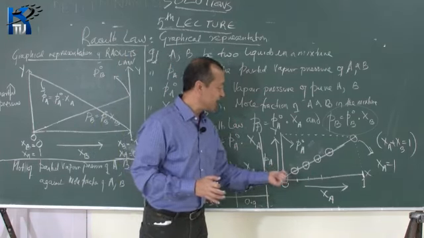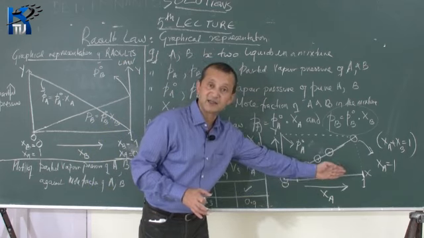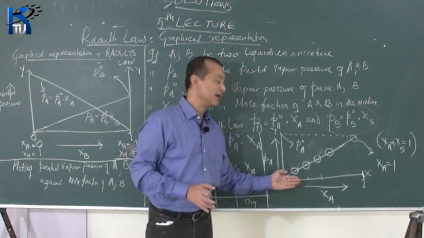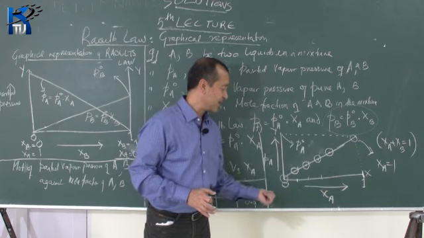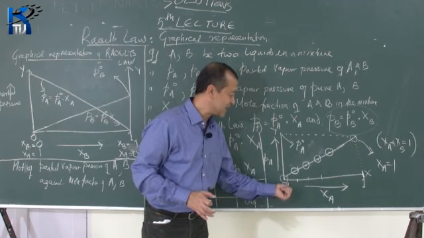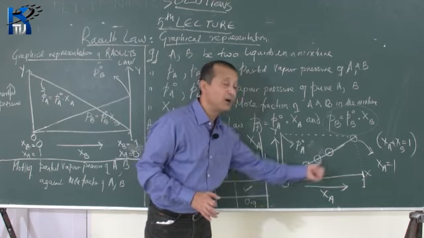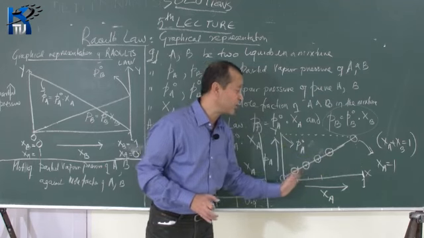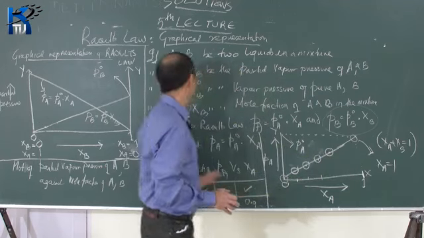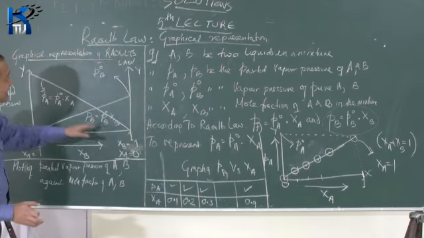In that case, the mole fraction axis started from 0 to 1. But in this case, the mole fraction of A starts from here.